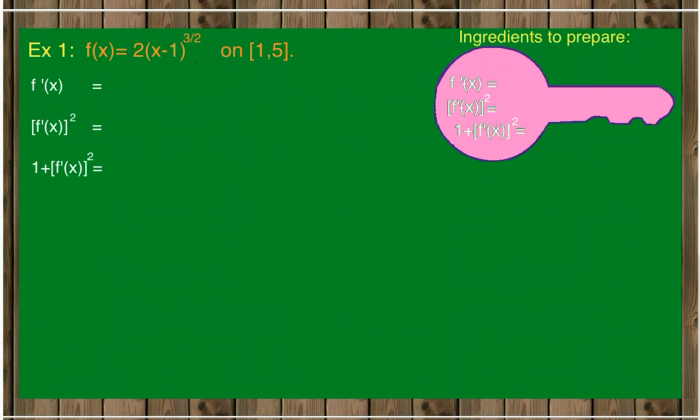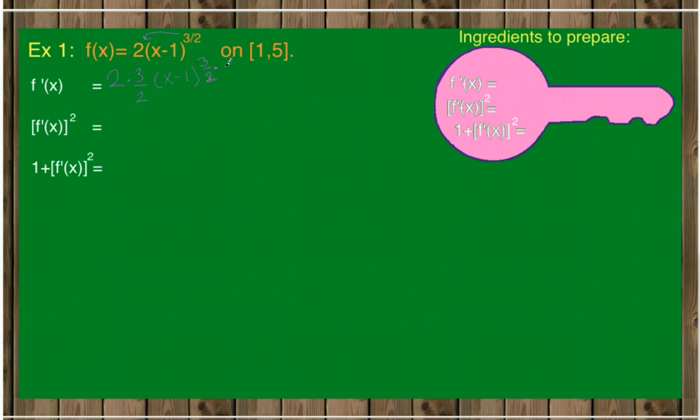Let's start. So we need to find the first derivative of the function. Here we can apply the power rule. So what was the power rule? We bring power to the front and subtract 1. So 3 over 2 x minus 1, and we're going to subtract 1 from the power.